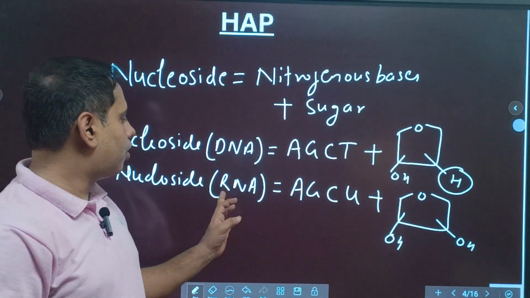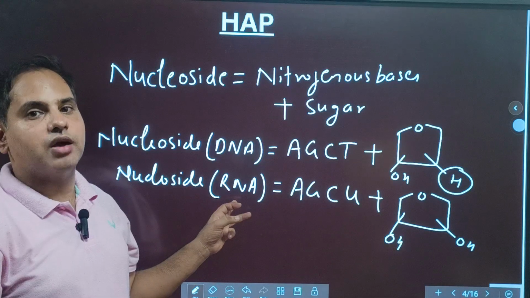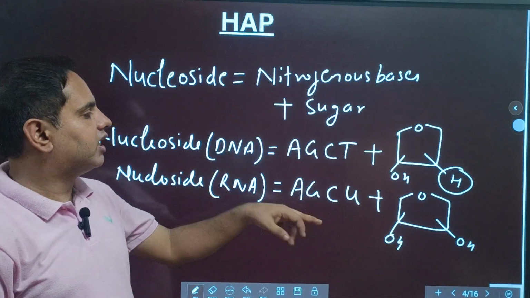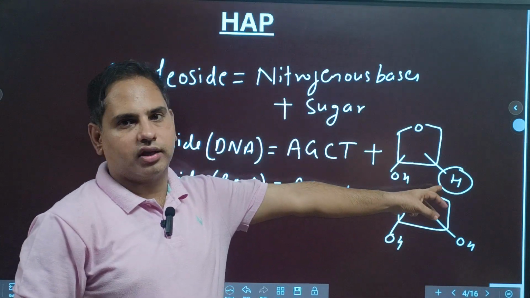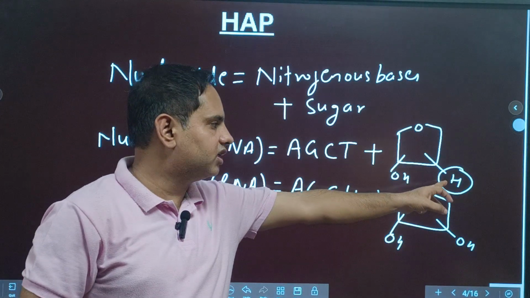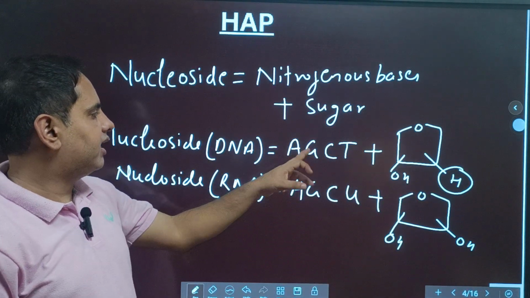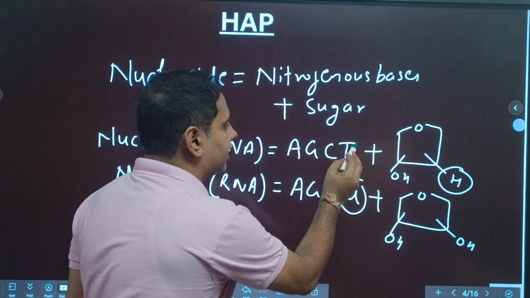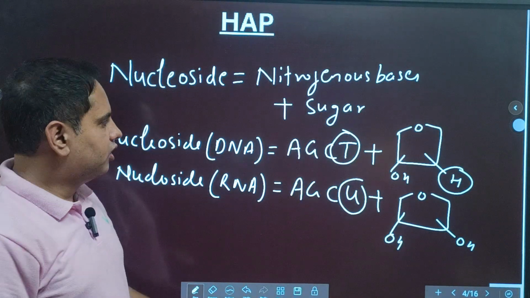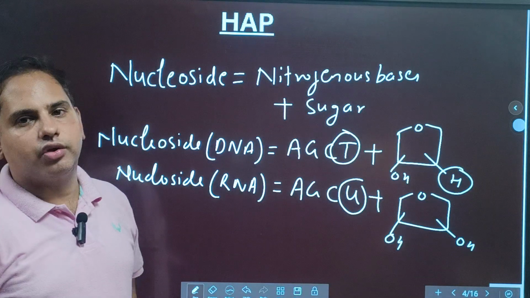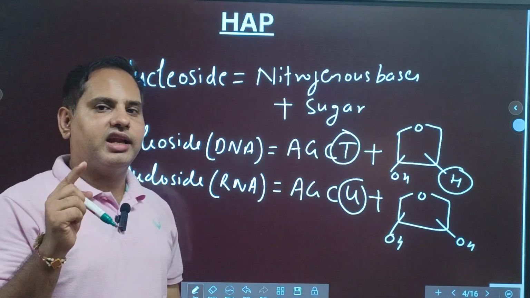This is the ribose for RNA, because it's a ribose nucleic acid and the other is deoxyribose. So you can see that oxygen is not there in deoxyribose, and for RNA there is a uracil instead of thymine, right?